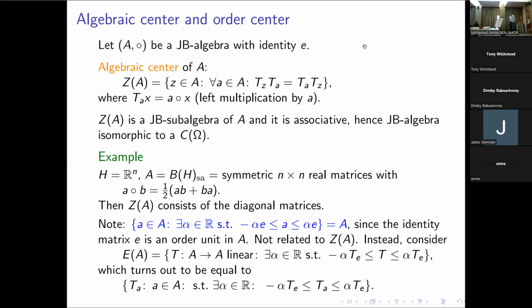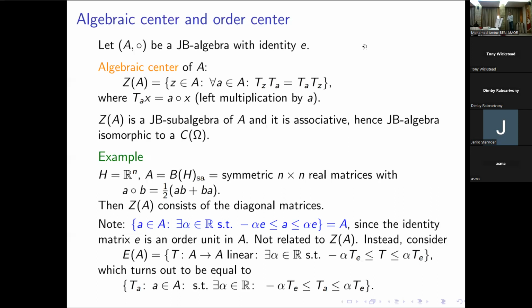If you want to relate the algebraic center to some order object, then the natural thing, or at least what I naively thought of, would be to take everything that is below multiples of this order unit, but it has nothing to do with the algebraic center.